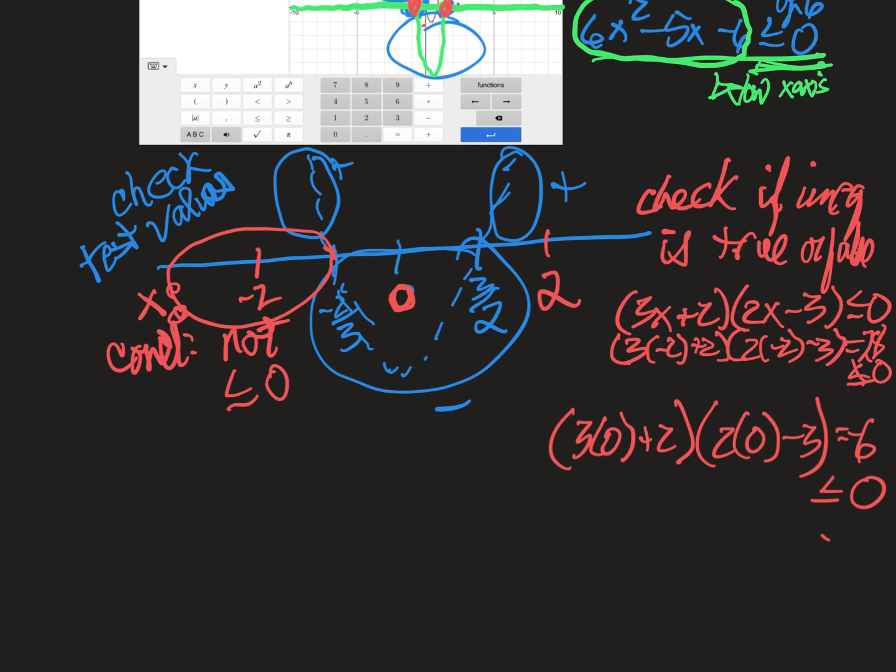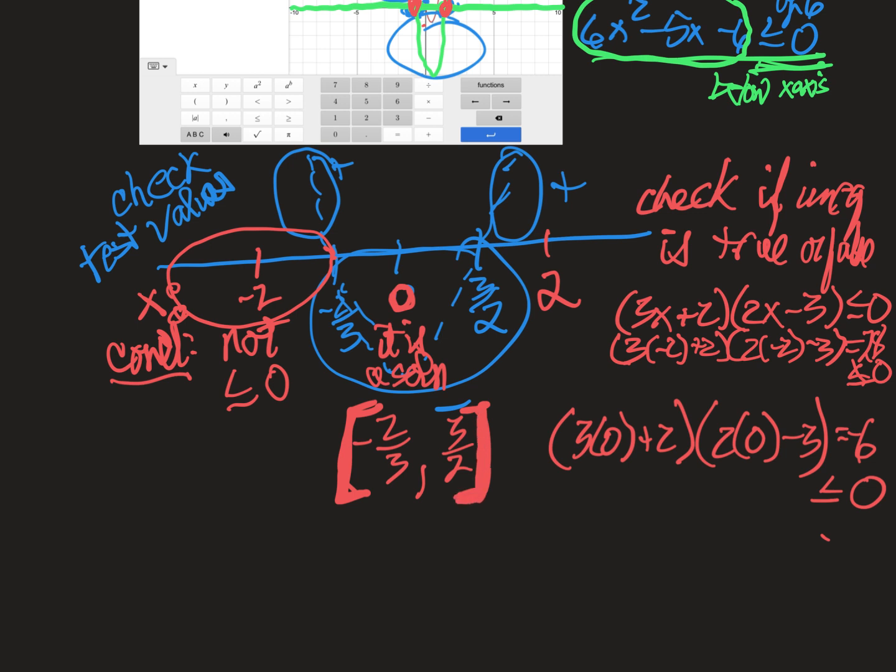Therefore, 0, our conclusion is it is a solution. All right. And the answer is the interval from -2/3 to 3/2. Okay. Now, since it's less than or equal, we would put brackets instead of parentheses.